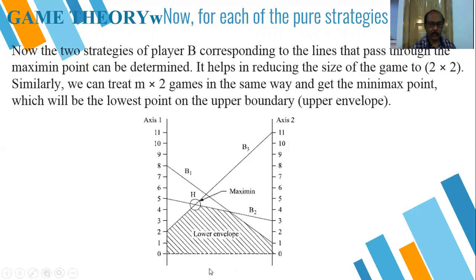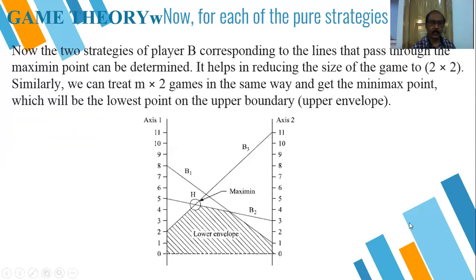If we move down, we get the minimum. For player A, what we are getting is maximizing the minimum, maximin. If we go up, we get the maximum of the minimum, and it will stop here. So this is our optimum strategy.